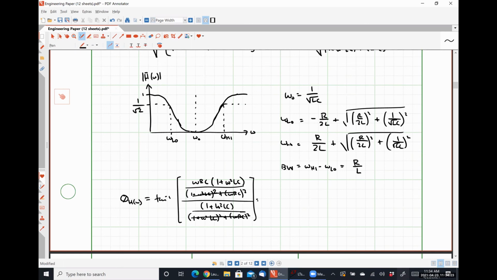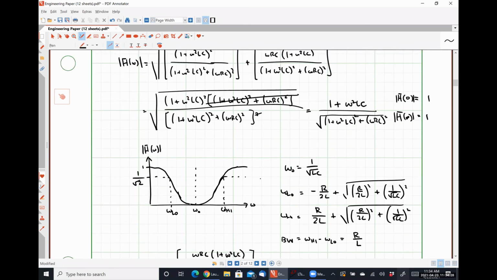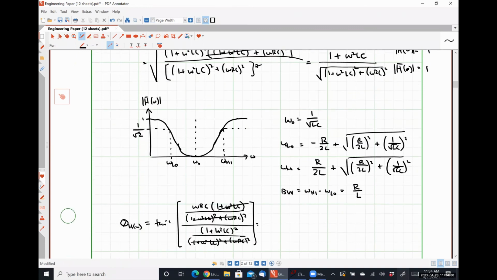And the denominators cancel each other. Sorry, this bit right here should be squared. Yeah. So this cancels one of these, and we're left with the arctangent of omega RC divided by 1 minus omega squared LC.